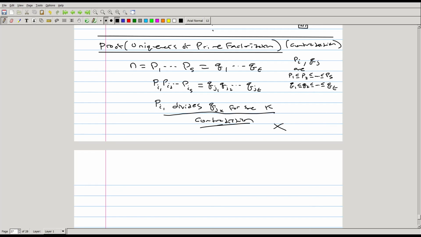And what I will do is just write down Fermat's little theorem without proof, because this is something that will come up and we might prove a little bit later on.